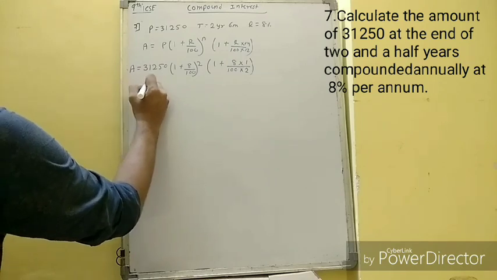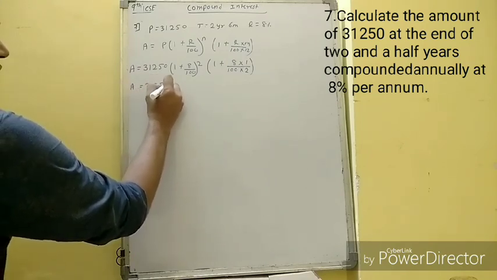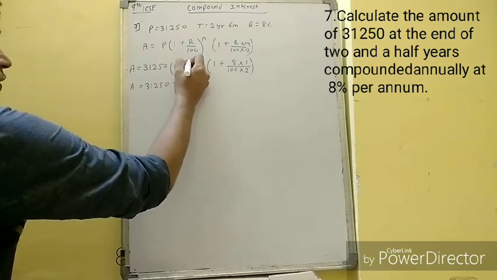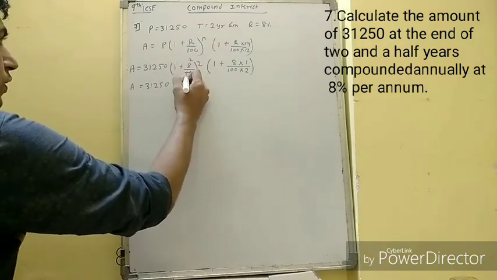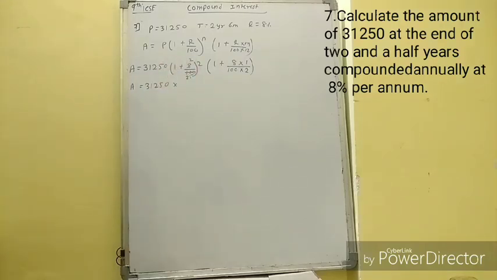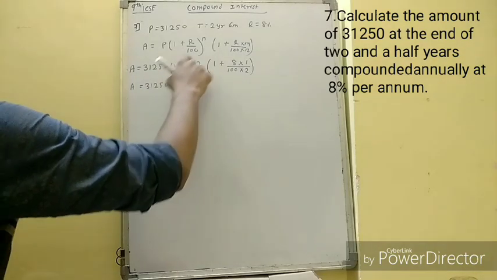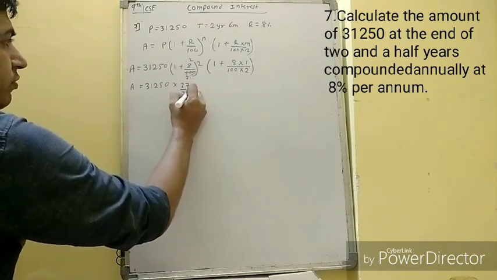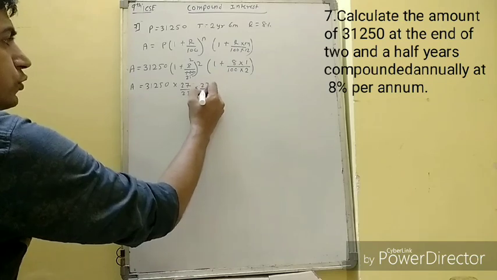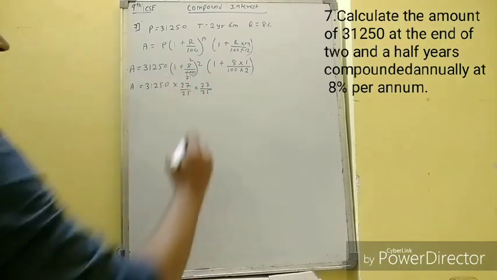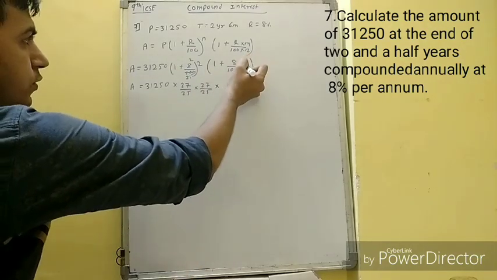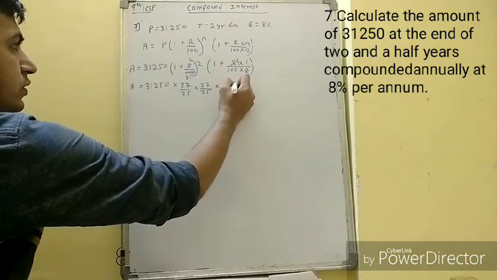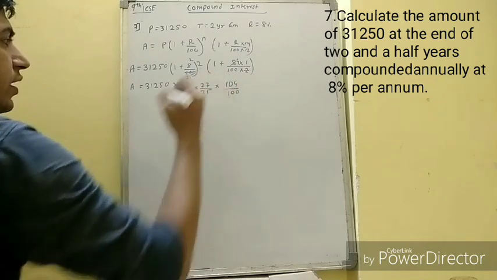So the amount is equal to 31250 multiplied by, 4 twos are 8, 4 25s are 100, so 25 ones are 25 plus 2, it is 27 upon 25, 2 times because it is raised to 2. 27 upon 25. And over here, what can I do? 2 ones are 2, 2 fours are 8, so 100 plus 4 it is 104 upon 100.